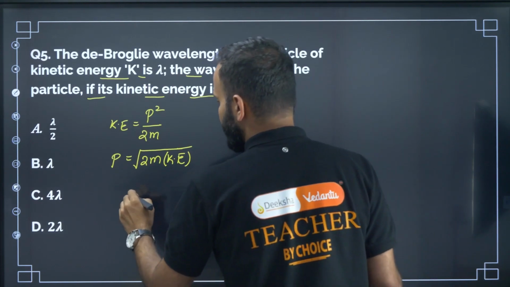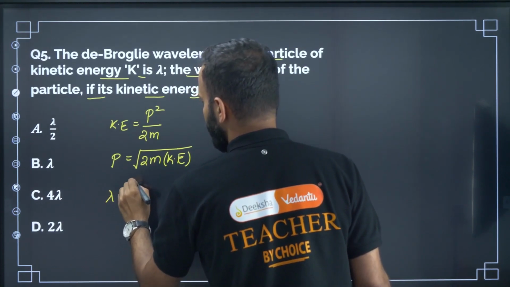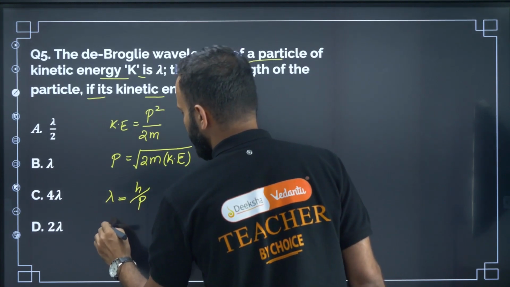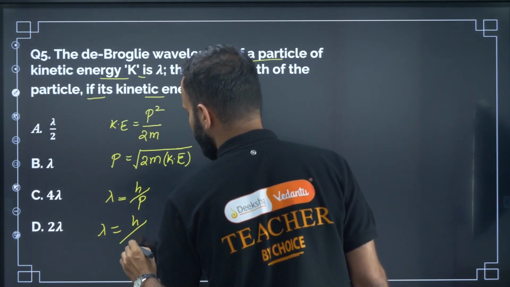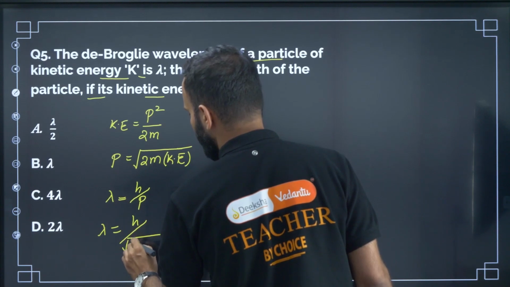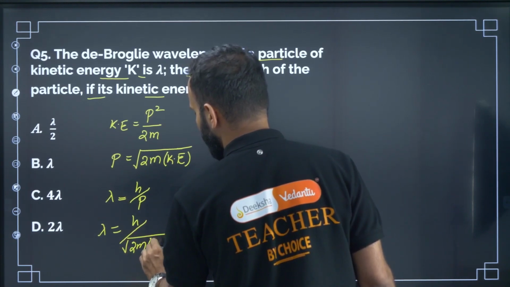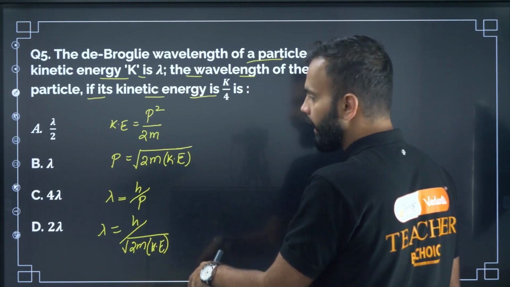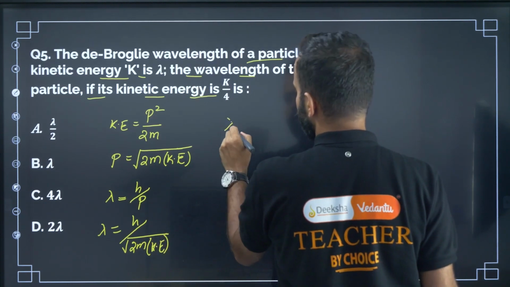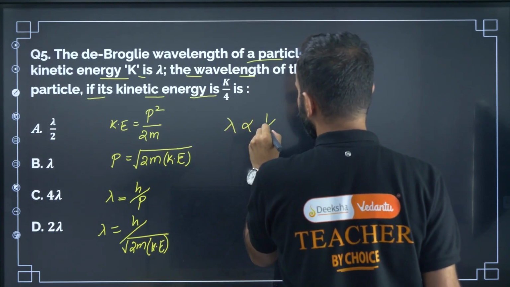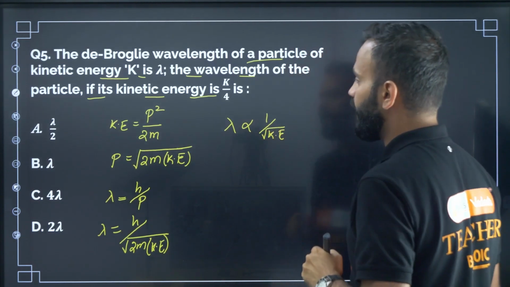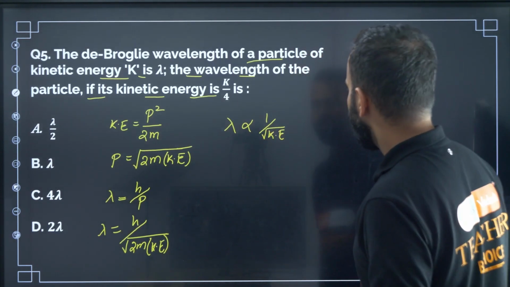So what is the de Broglie wavelength? The de Broglie wavelength lambda equals h divided by p, right? So lambda is equal to h divided by root of 2m into kinetic energy. From this I can conclude that lambda is inversely proportional to root of the kinetic energy of the particle, right?